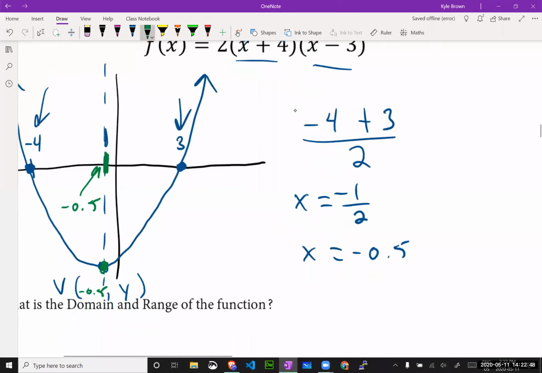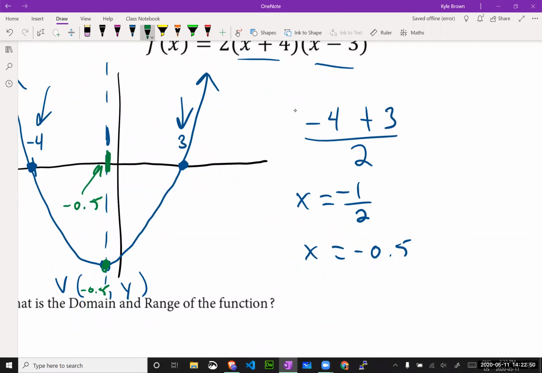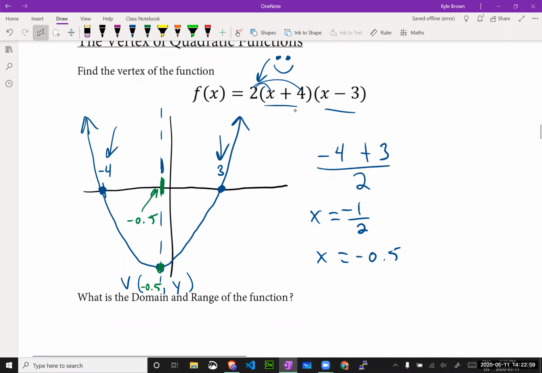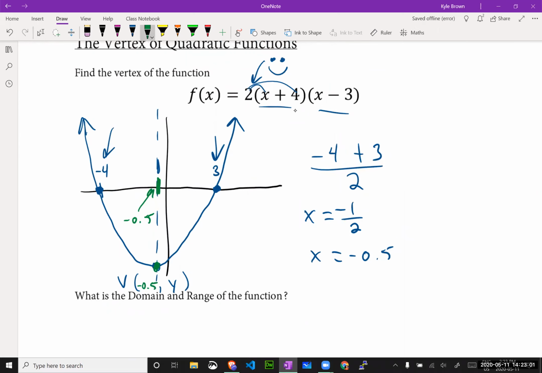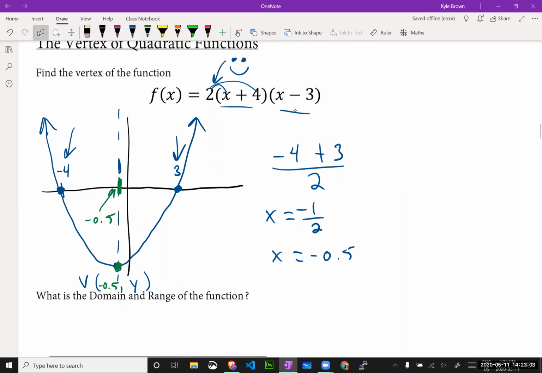Zoom in there a bit. Negative 0.5. All right, so we found that one. Now I can find my whole vertex here. If you know any value of x in an equation, all we got to do is just plug that in, right? There's our equation. Let's just plug in an x and figure out what we get out for y. So we'll be able to figure out what this y value is.